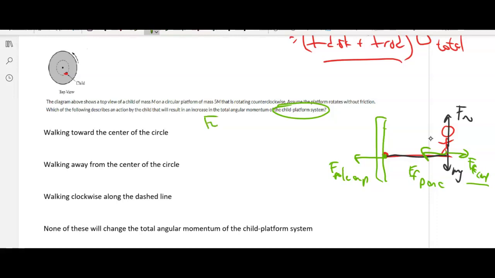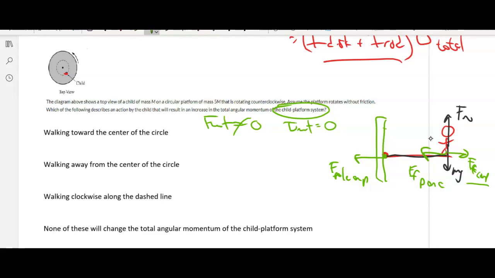So on this one, my F net does not equal 0, because what you're going to see is this student will probably actually speed up, okay? But the torque net does equal 0, because none of these forces that I've drawn here actually do a torque.